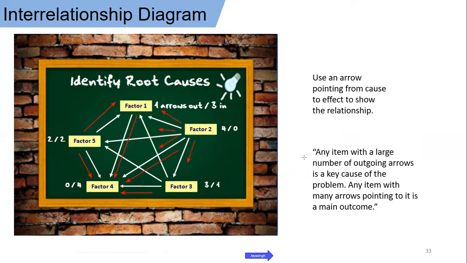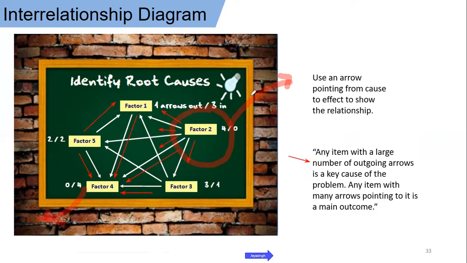So what you notice is that any item with a large number of outgoing arrows can be the key cause of the problem, right? And any item with many arrows pointing to it is the main outcome. Okay, so whenever you look at an interrelationship diagram, it helps you understand that factor 2 here in this example seems to have a lot of arrows leading out of it, and that could be the key cause, and factor 4 is actually the key outcome, right?